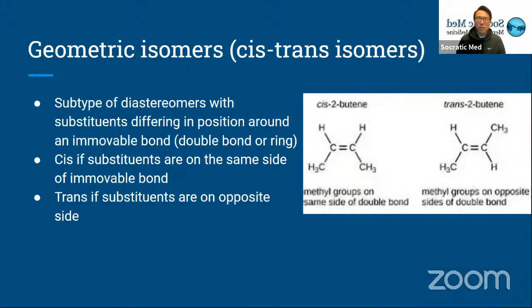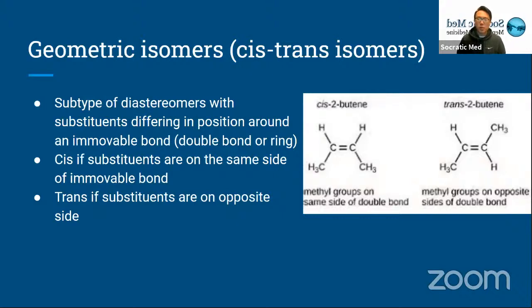There is another subtype of diastereomer called geometric isomers, or cis and trans isomers. This is when a diastereomer has substituents that differ in position around an immovable bond, so a double bond or a ring. Like I said, a single bond can rotate, it can move. A double bond and a ring, the bonds are immovable, so they wouldn't be able to rotate.